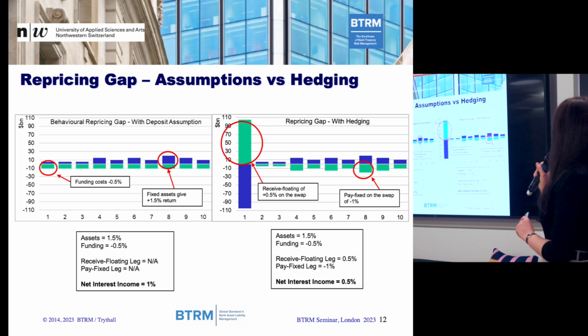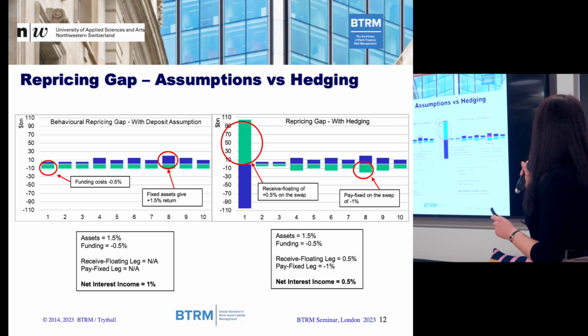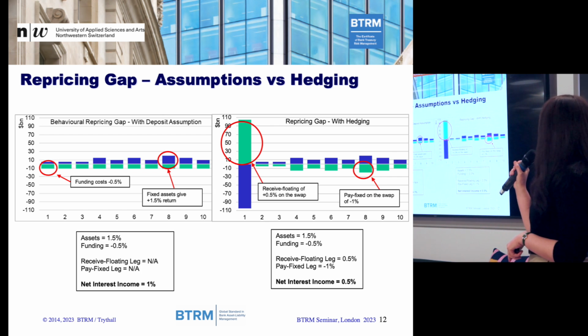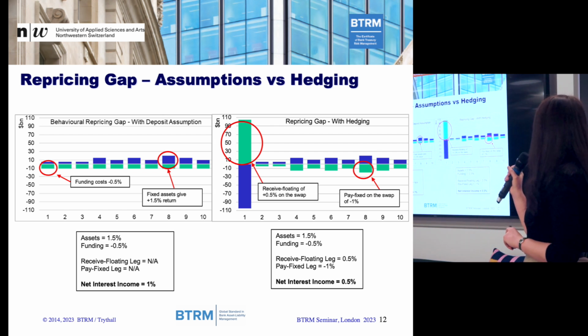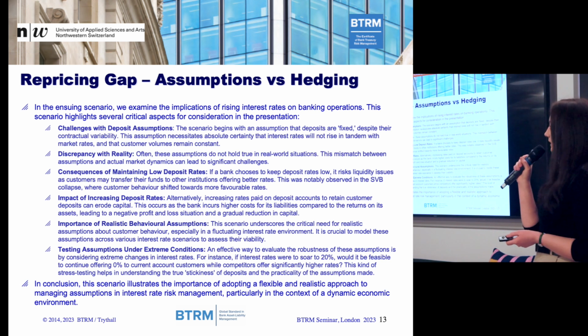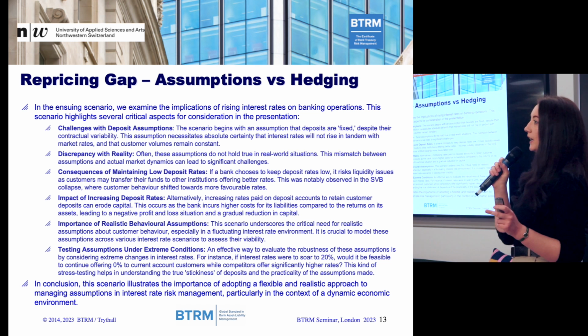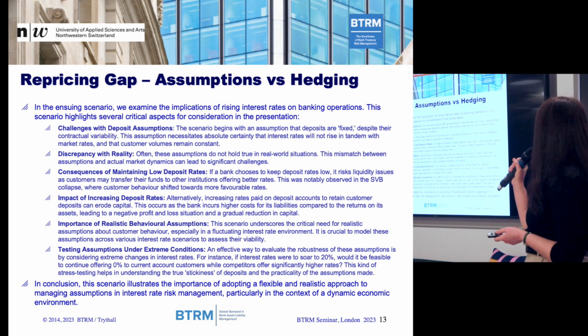That's the difference between using a current account spreading assumption and doing hedging with swaps. So they do make more net interest income in the scenario with the assumption spreading. In the next scenario, we see where interest rates have gone up and how this impacts both the repricing gaps and the net interest income.